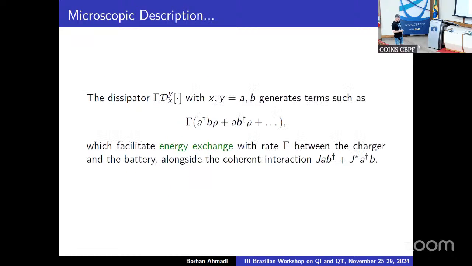So to see the energy exchange, I am expanding this gamma D_xy, and it produces terms like this. As you see, these terms are similar to the terms given by the coherent interaction. So this term provides a dissipative interaction between the 2 systems, so it leads to an energy exchange.